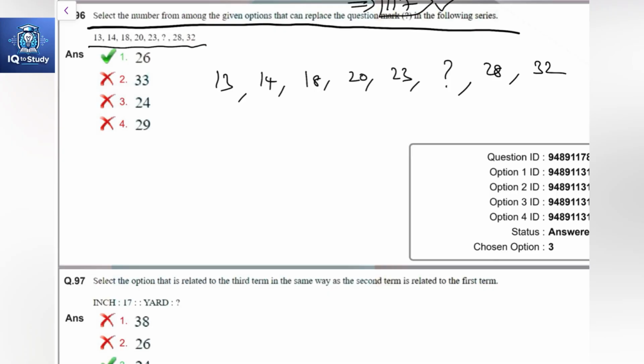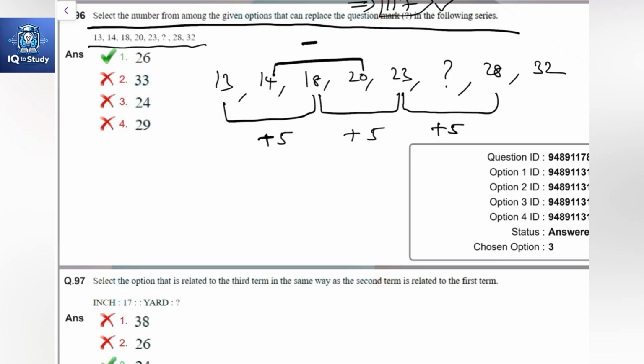Here 13 plus 5 is 18 and 18 plus 5 is 23 and 23 plus 5 is 28. Similarly here 14 plus 6 is 20, and 20 plus 6 is 26, and 26 plus 6 is 32. So the answer is option 1, 26.